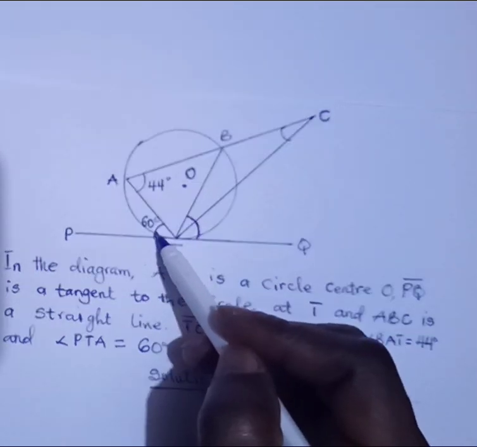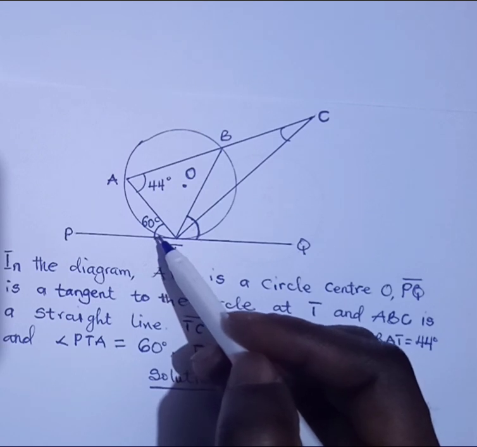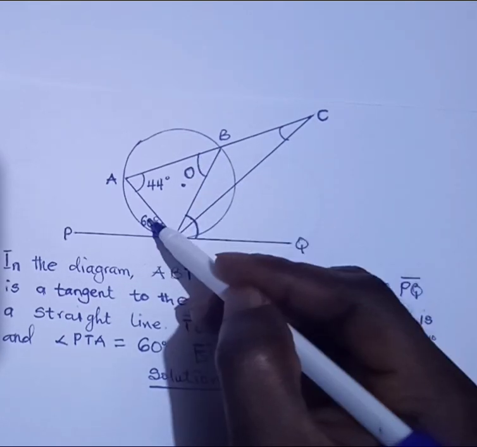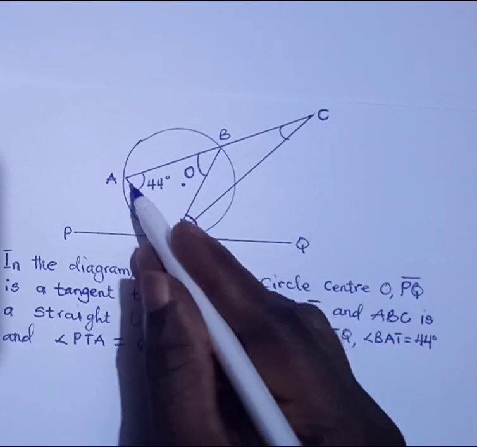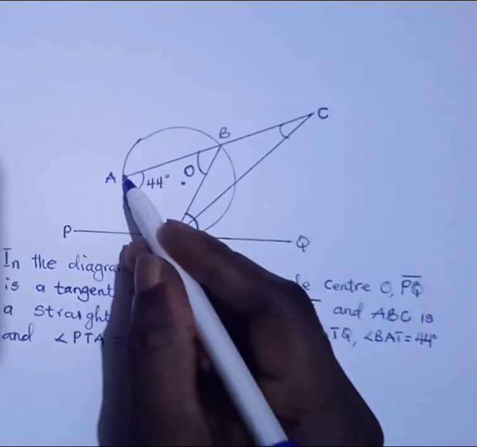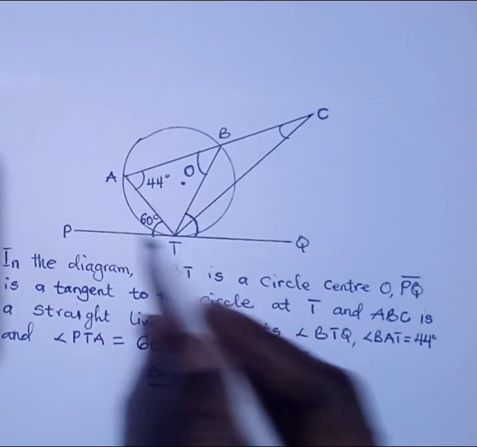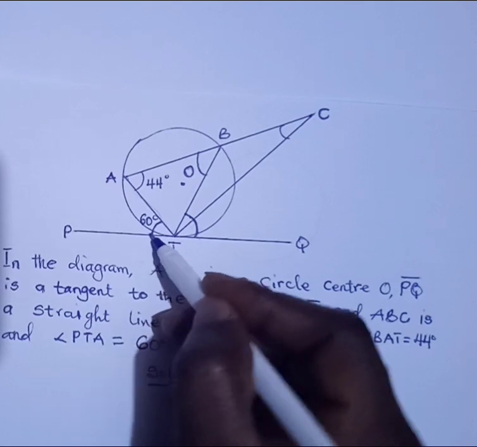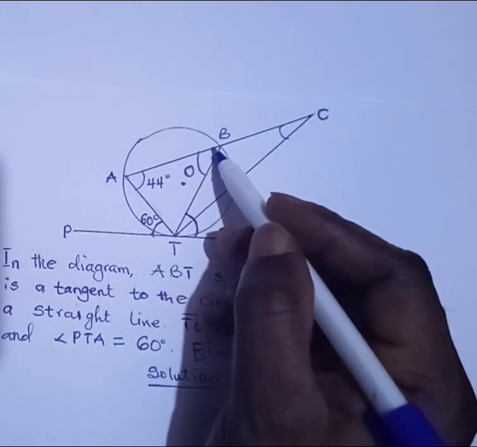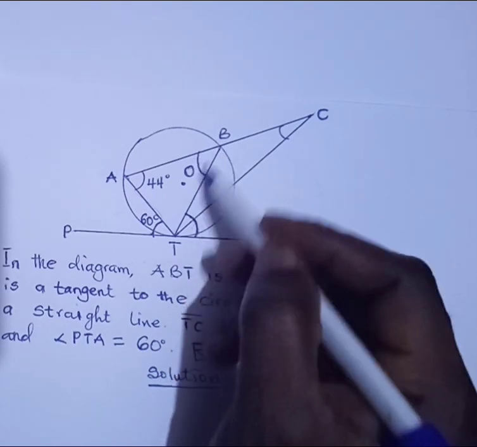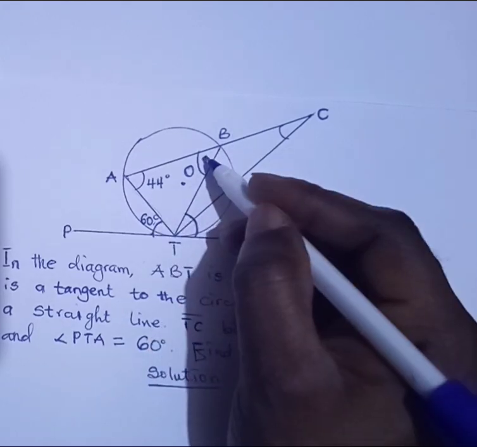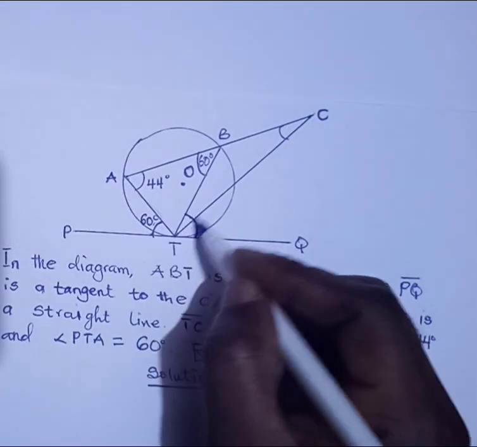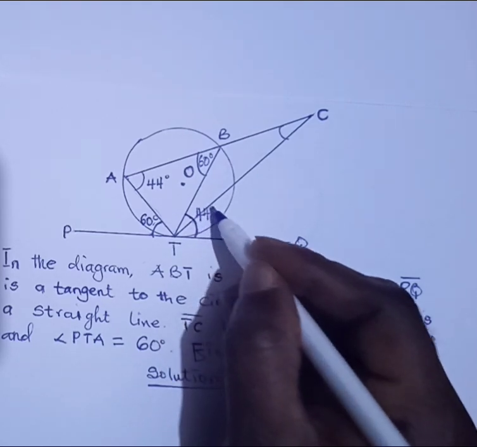And at the same time, we have 60 here. If the same property holds, then we can also say that this angle here is opposite to this angle, because this is the angle formed between the chord TA and the tangent line, and it is equal to the angle in the alternate segment. So automatically here is also 60 degrees, and then here is also 44 degrees.